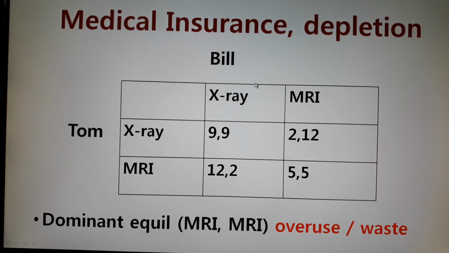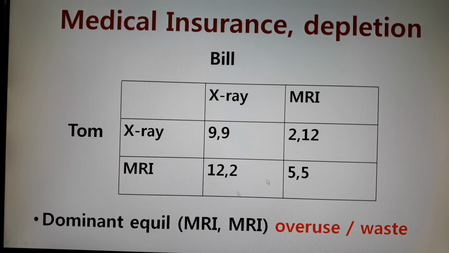But Bill has a check too, so Bill has a cost of 1. Bill pays 0.5, Tom pays 0.5. As a result, Tom pays 1 and Bill pays 1. Bill's value from X-ray is 10, so 10 minus 1 equals 9. That is why the payoff would be 9 and 9.